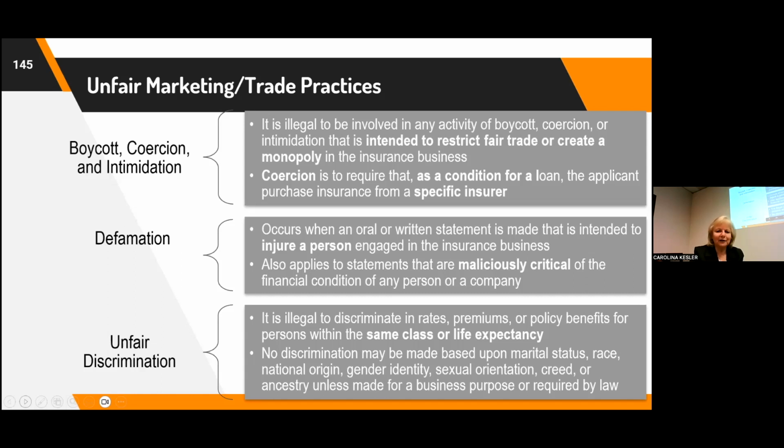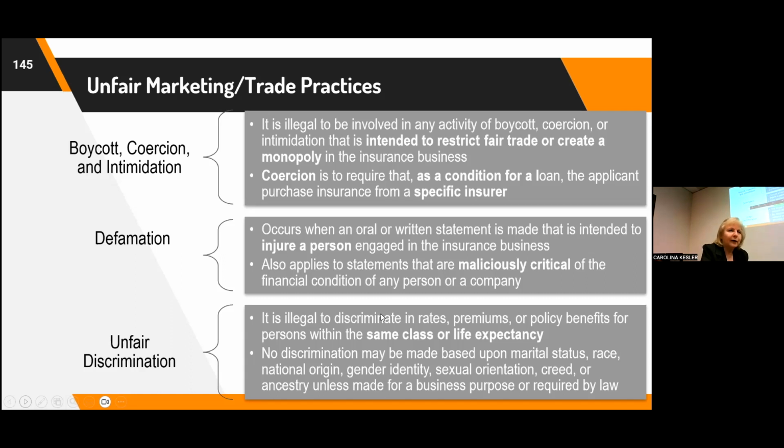Unfair discrimination. Obviously, guys, it's illegal to discriminate in rates, premiums, or policy benefits to persons within the same class or life expectancy. No discrimination can be made based on marital status, race, national origin, gender identity, sexual orientation, creed, or ancestry, unless it's made for a business purpose or required by law.